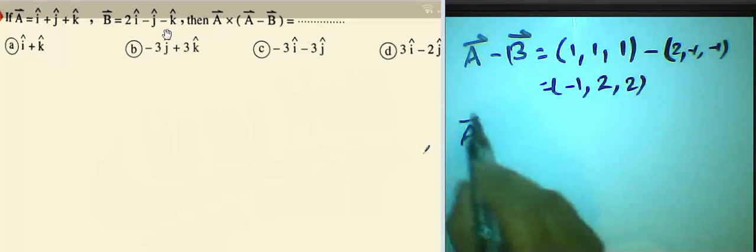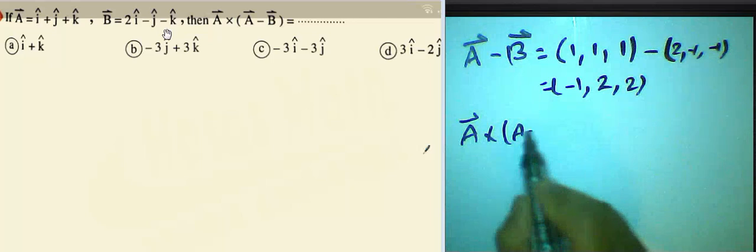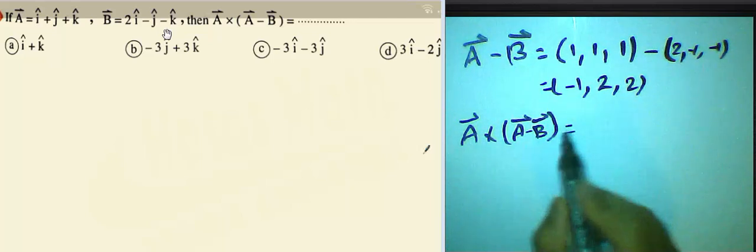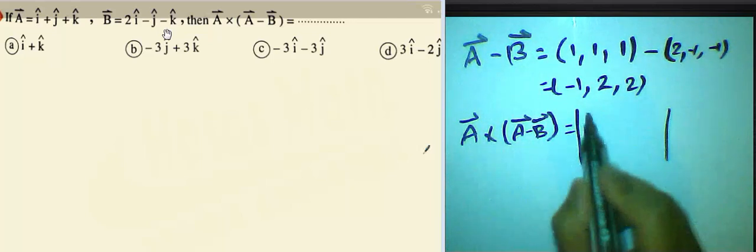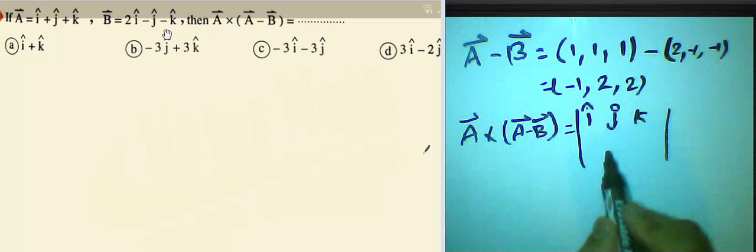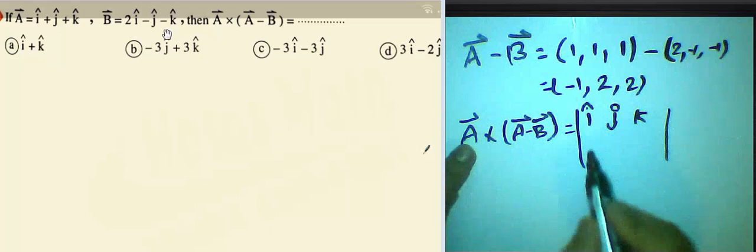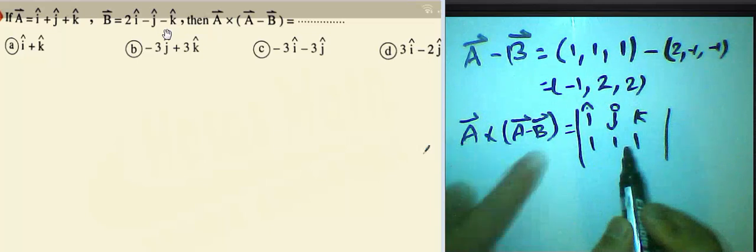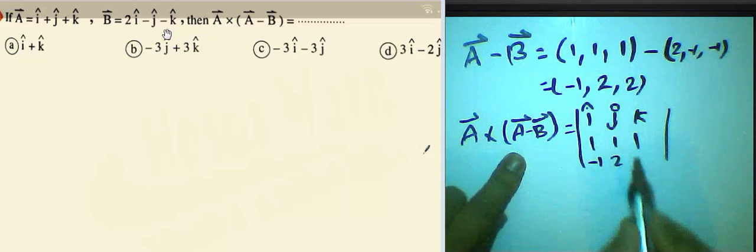Then we can find vector A cross (A minus B). We can set up the determinant with directions i, j, k. First vector A is 1, 1 and 1, and A minus B is negative 1, 2 and 2.